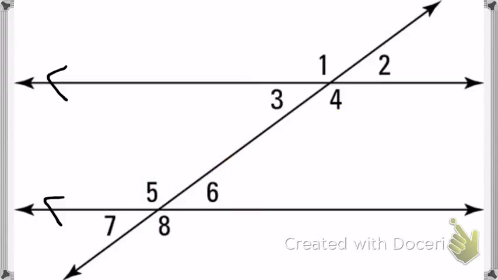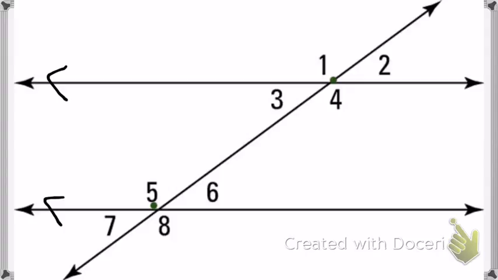Thinking along with that same logic of sliding this line up to this line, we want to look at what would be corresponding angles. If I did slide this line up to here, these two points here would match up. Let's mark those.